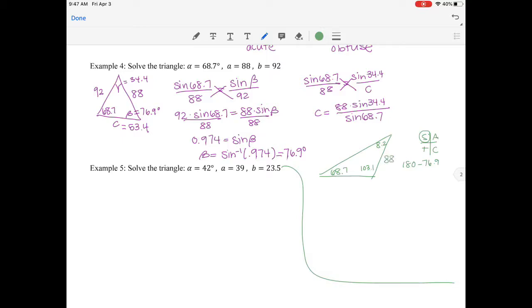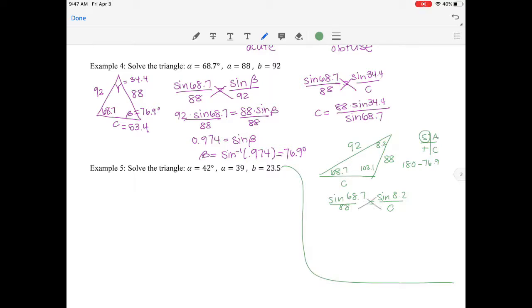Okay, so A is still 88, which will still be across from that 68.7. B is still 92 over here. And the last side we have to solve for here is C. So I'm going to do sine of 68.7 divided by 88 equals sine of 8.2 divided by c.